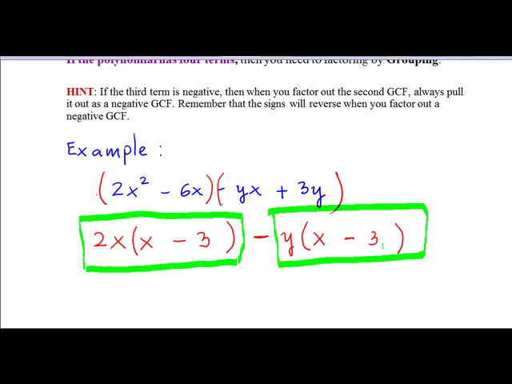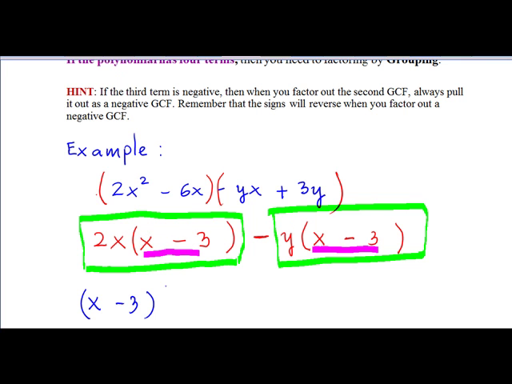You have 2 big terms subtracting each other. So between the 2 big terms here, we have the x minus 3 in common. That is the common factor between the 2 green boxes. How do we see that? I take out the x minus 3, which is the GCF between these 2 green boxes, between the 2 terms here.